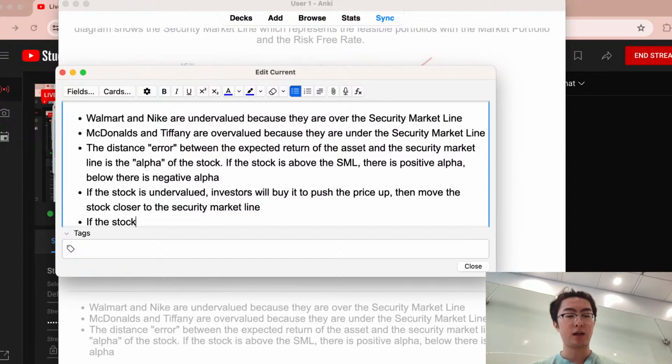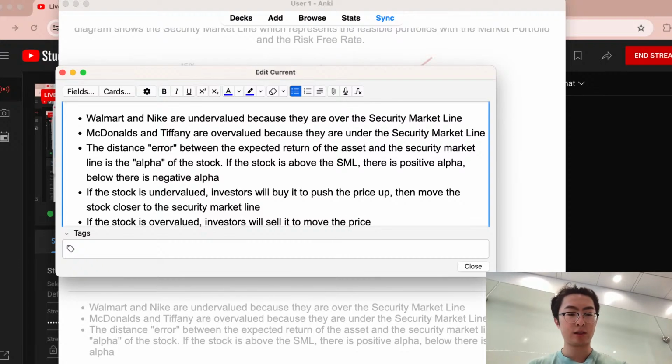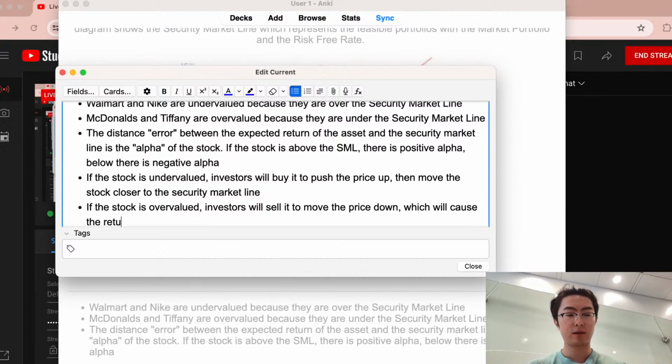If the stock is overvalued, investors will sell it to move the price down, which will cause the expected returns to fall.